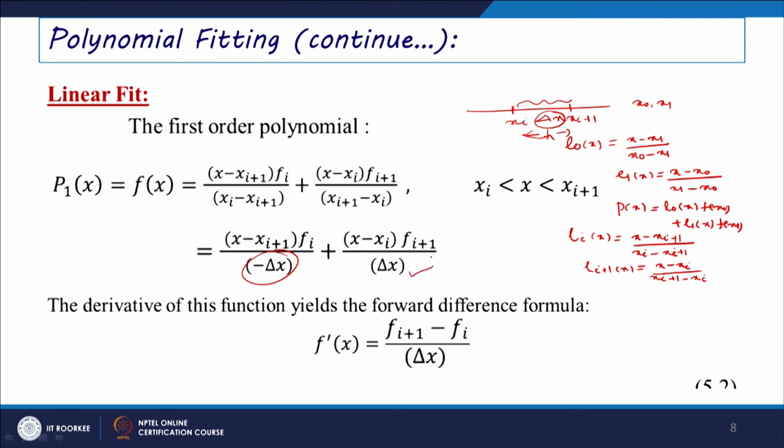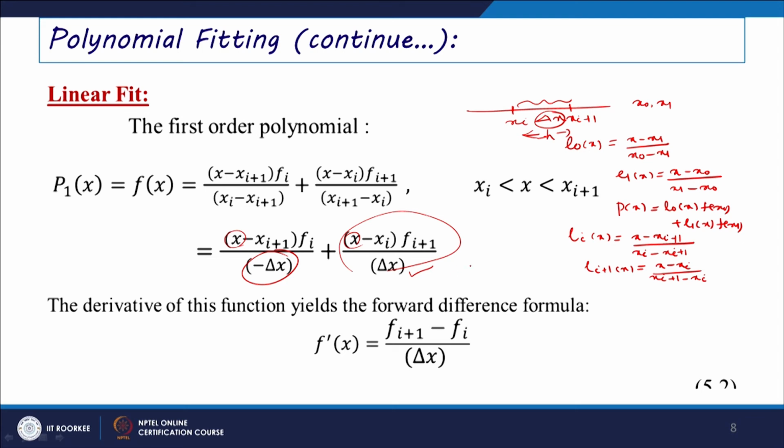And for the derivative of this function, we can directly differentiate this function with respect to x. So f dash of x, first del x is a constant, so we can take it out, then it can be written in the form of f of xi divided by minus of del x, and the other term can be written as f of xi plus 1 by del x.